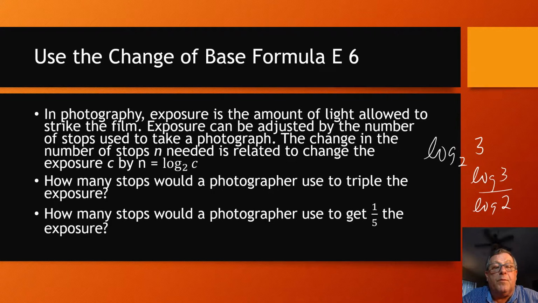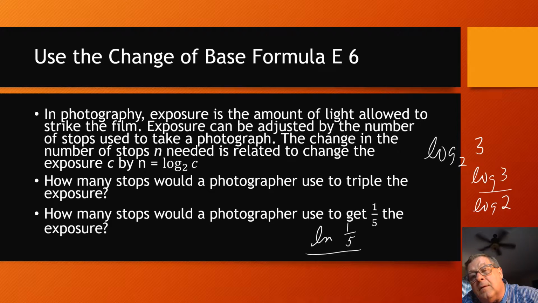Now, the second one would be, how many stops would a photographer use to get 1/5 the exposure? Let's write this in terms of the natural log. I could say then that I got ln of 1/5 divided by ln of 2.